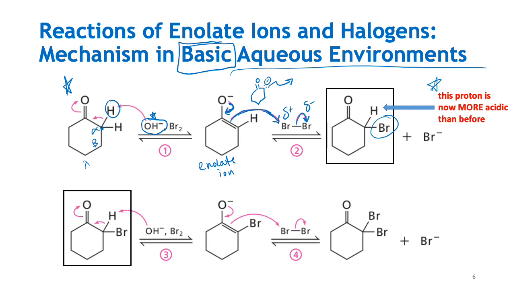Because of the inductive effect. You now are not only alpha to a carbonyl group, which has a resonance structure and some electron withdrawing qualities, you also are attached to a carbon that bears a bromine, and bromine is relatively electronegative, okay?